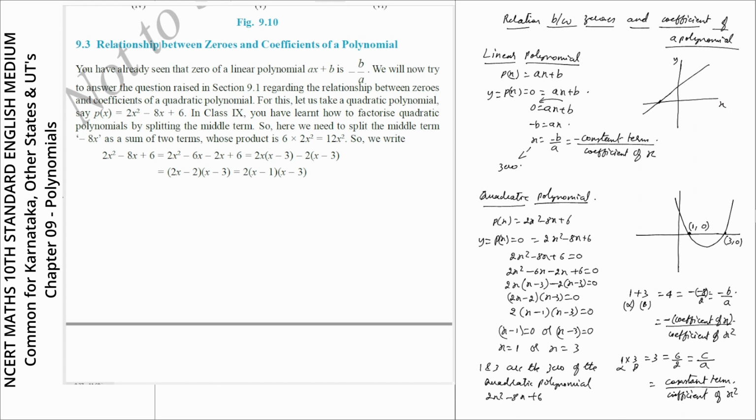So the quadratic polynomial is given by ax square plus bx plus c. Here a is 2, b is minus 8, and c is equal to plus 6. So in general, for any quadratic polynomial ax square plus bx plus c, if I factorize it, I'll get k times x minus alpha into x minus beta.